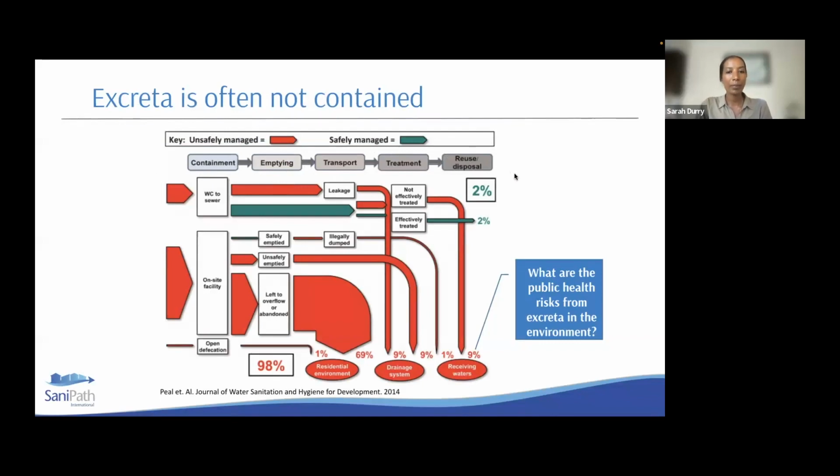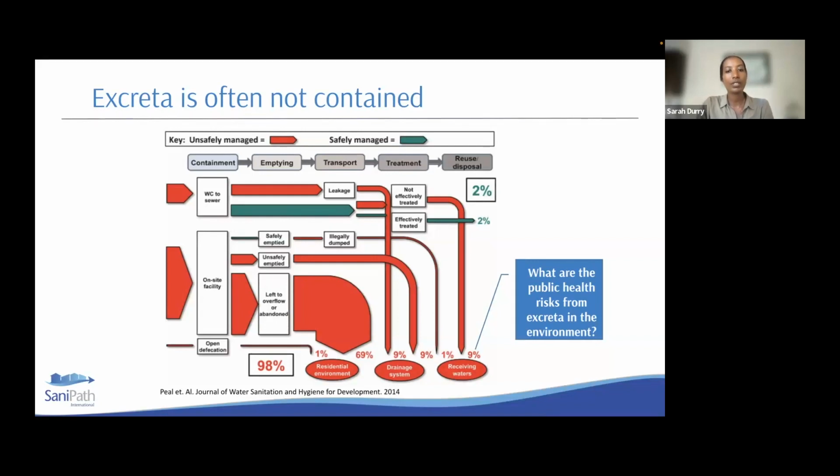This particular example is from Dhaka, Bangladesh. At each step of this chain, the excreta may be safely managed, which is shown in green, or the excreta can be accidentally or deliberately discharged into the environment, which could include residential environments, drainage systems, and surface waters.